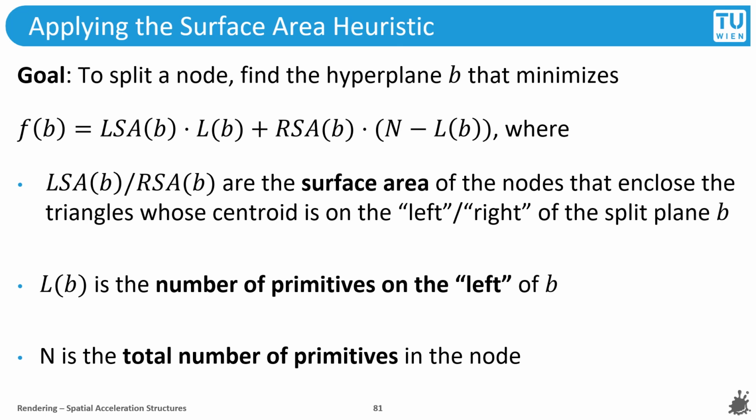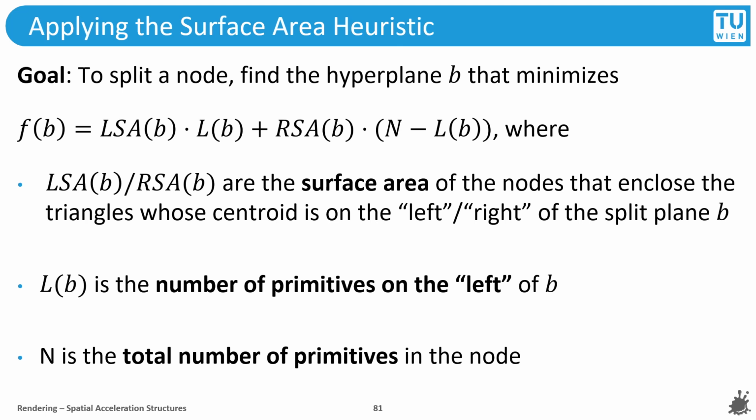And its main goal is, when applying a split to a node, we want to find a hyperplane b that minimizes the function f of b, which consists of the factors LSA of b times L of b plus RSA of b times n minus L of b.